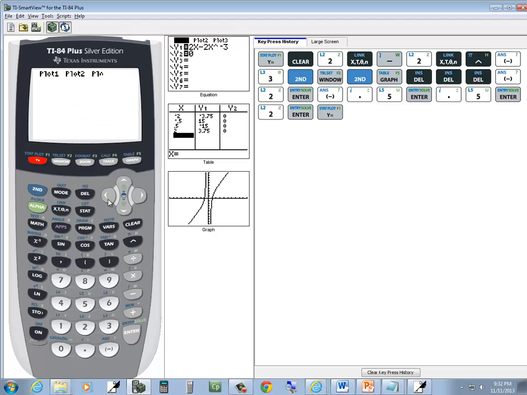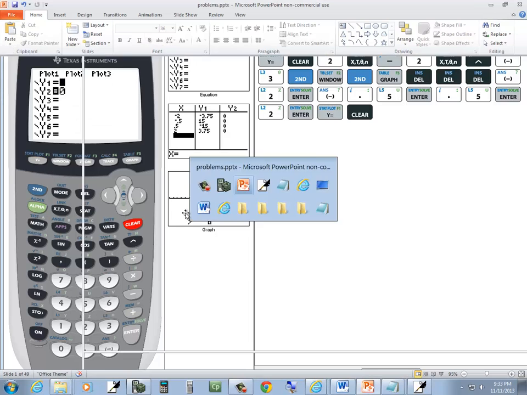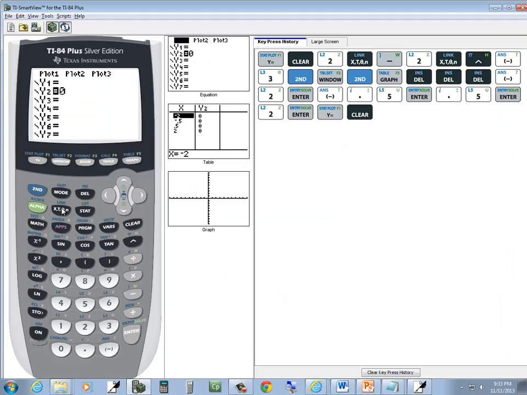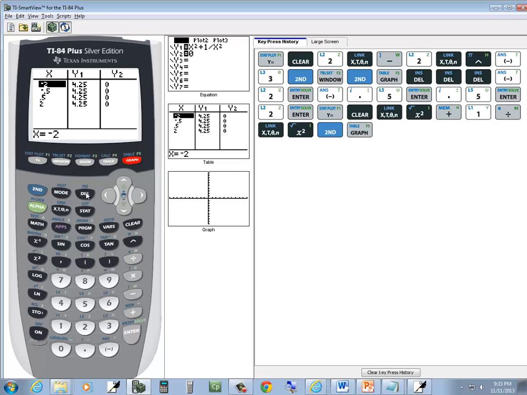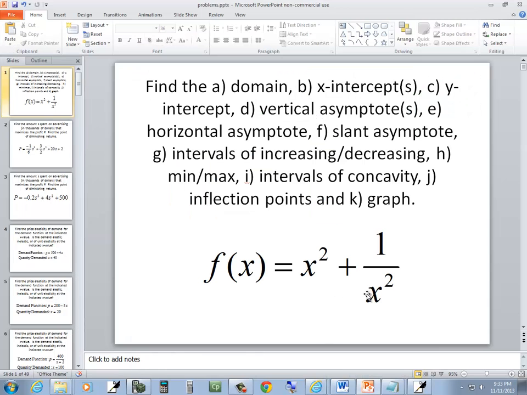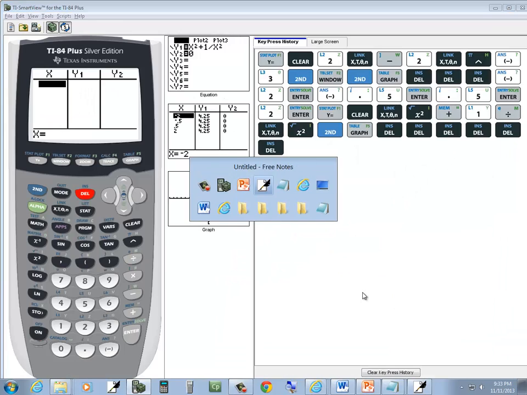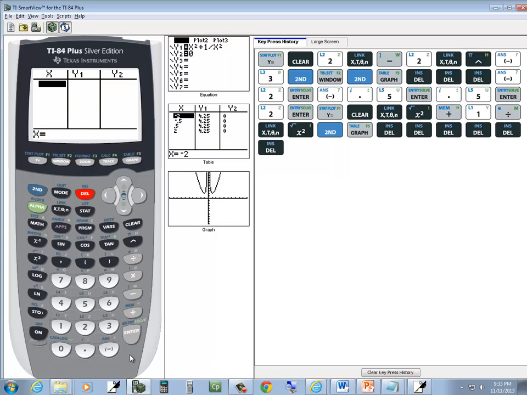So press y equals, press clear, and I got x, then x squared, plus 1 divided by x squared. I do second graph to go into my table. I'll press delete a few times to clean all those out. And we're going to plug in -1 and 1.